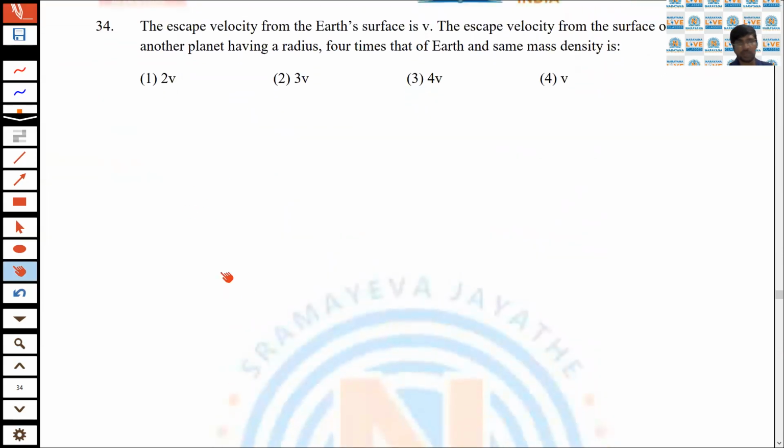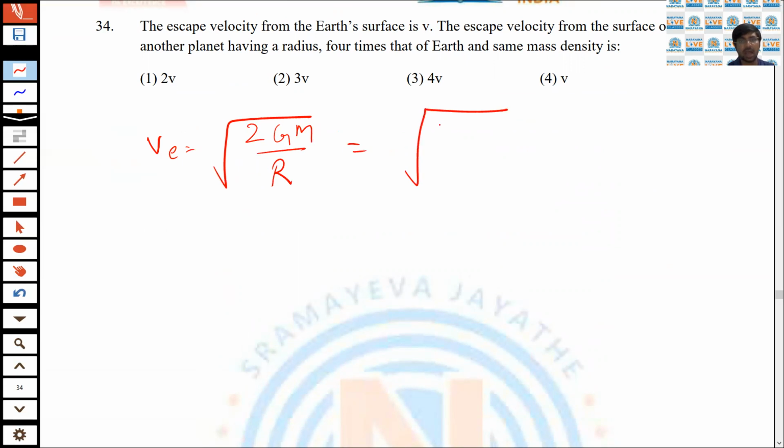Let's come to the 34th question. The escape velocity for the Earth surface is v. The escape velocity for the surface of another planet having a radius 4 times that of Earth and same mass density is. Now we know that the escape velocity formula is under root 2GM by R. Since mass is not given and density is given, we can replace mass by density times volume, rho times, since the planet is considered as a sphere, 4 by 3 pi r cube.